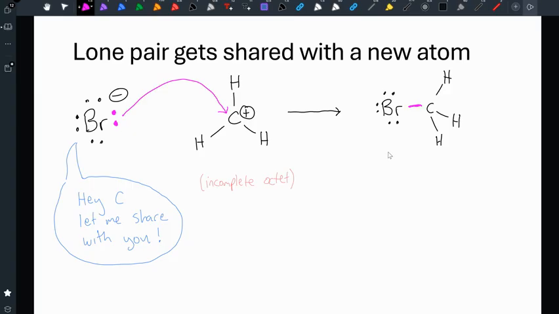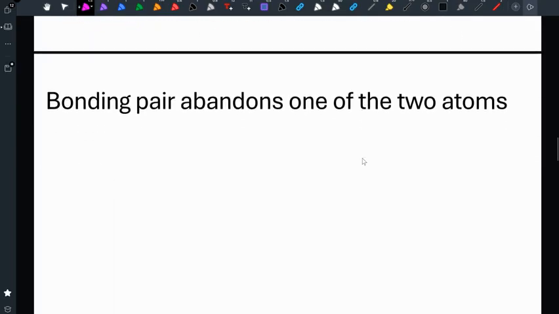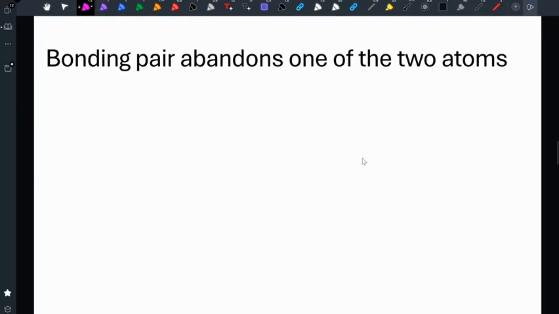What about type 2, where we're breaking a bond? So let's imagine a different scenario. I've got a carbon with 4 bonds. It's bonded to an oxygen with a positive charge.